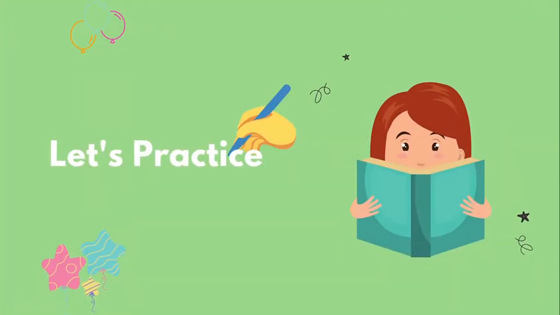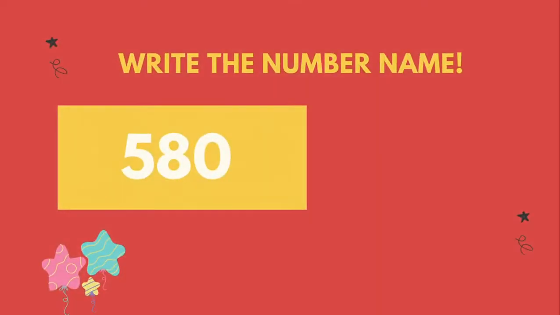It's time for practice now. Write the number name. The numeral is 580. How are we going to write the number name for this numeral? Let's see. First, we are going to see the place of each digit in this numeral.